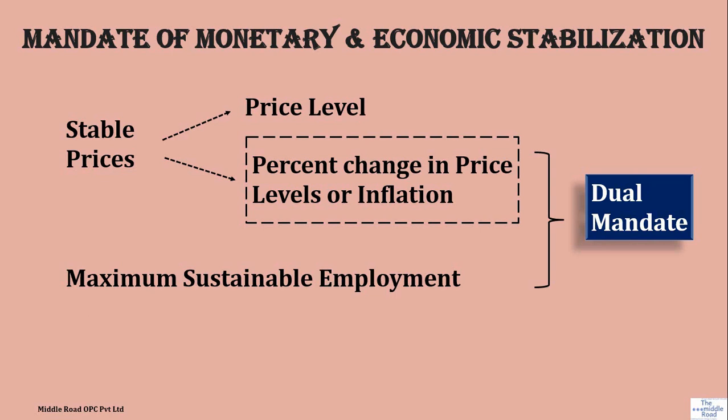These two are known as the dual mandate. Some of the banks only target inflation, and some of the central banks have different mandates. We'll also see the Central Bank of China and how it has a different mandate. But when you're talking about dual, both of these mandates are important. This is taken just to give you an example.